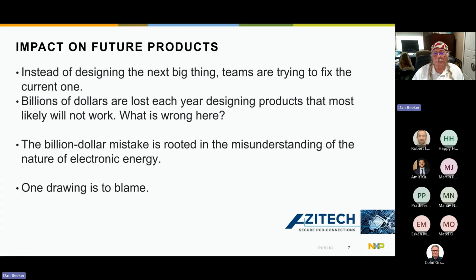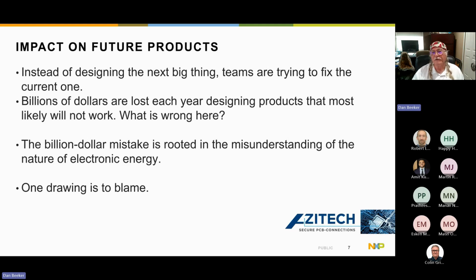And the impact is, instead of working on their new project, they spend a lot of time trying to fix the old one, and billions of dollars are lost each year designing things that are most likely not going to work.